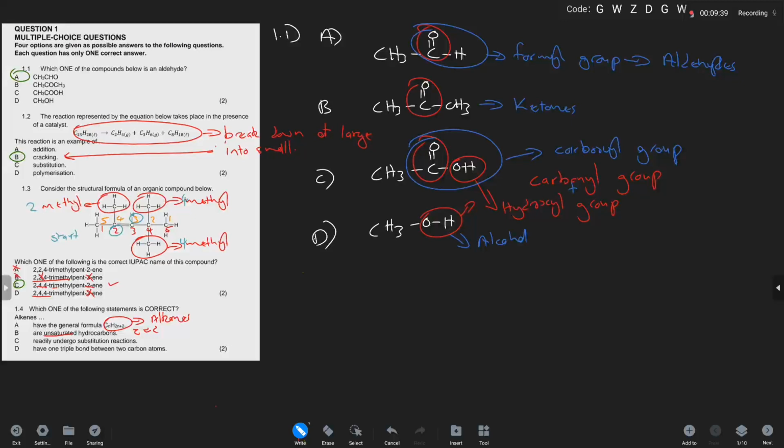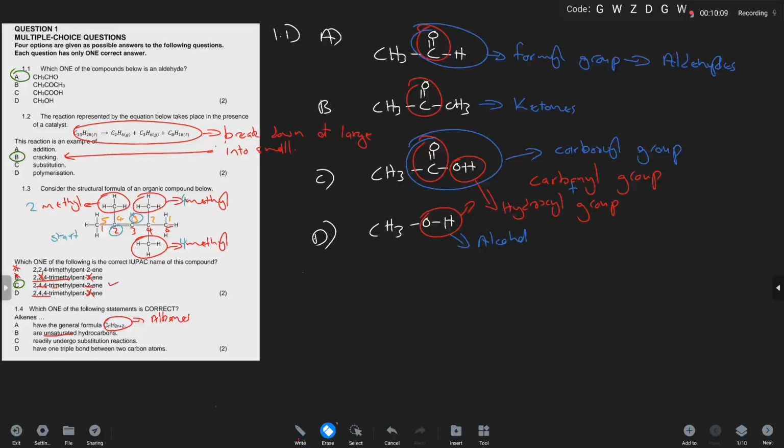Unsaturated, yes. We know alkenes and alkynes are unsaturated because alkenes have a double bond, and alkynes have a triple bond. So as a result of that, we classify them as unsaturated. Let me just write one next to the other instead of the full name.